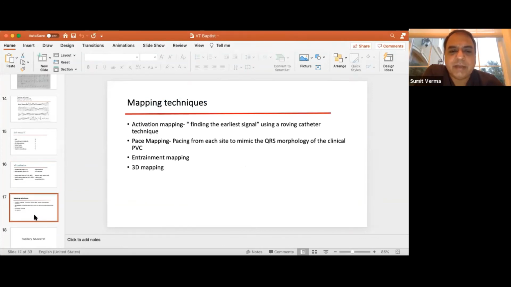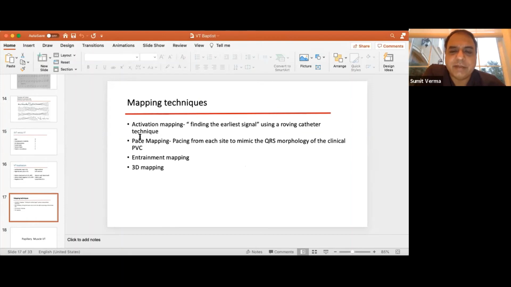So a few words about mapping techniques, which again, if you've been in ablations, we do all of these during a VT ablation, as many as we can. The more criteria we can meet, the better it is. So we do activation mapping, finding the earliest signal. Now remember, finding the earliest signal only works if it's a focal arrhythmia.